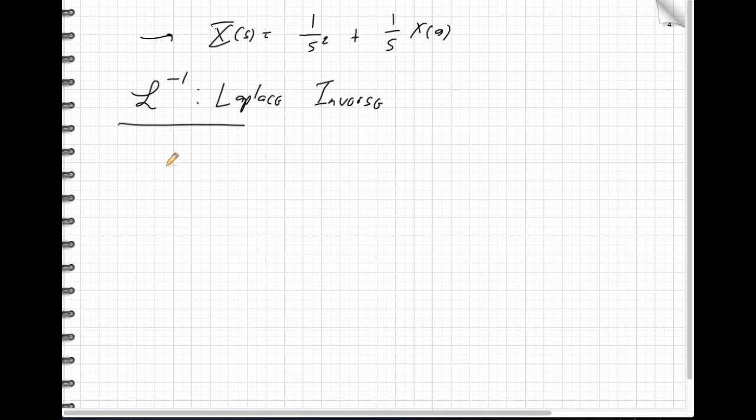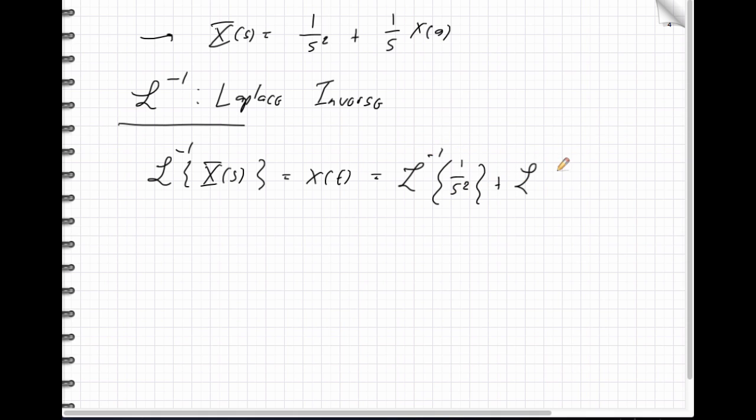So the Laplace inverse of X of s gives me x of t, which is what I'm looking for, which is equal to the Laplace inverse of 1 over s squared plus the Laplace inverse of x naught times 1 over s. And remember, x naught is just a constant, so due to the scaling property, I could pull that out. We're not going to do any math.